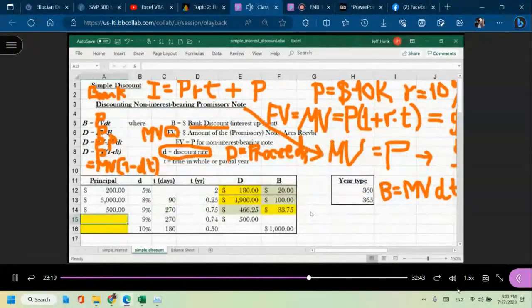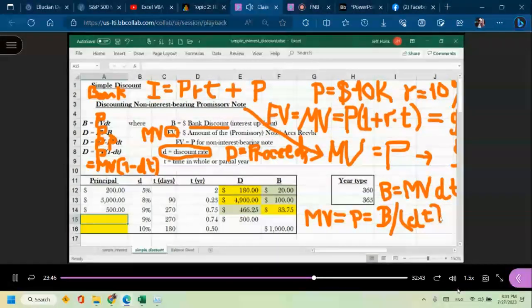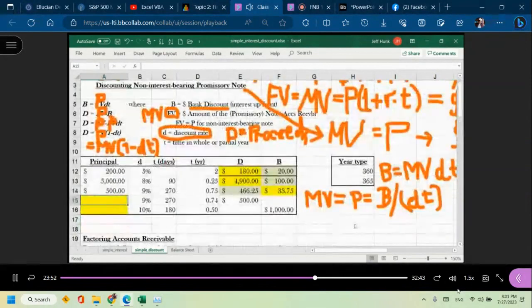So if that's the case, then P, or the maturity value, in this case maturity value is exactly P, right? What do you do? Then you do B over D times T, right? And think about it. Also, if D is the unknown, D equals B over P times T.